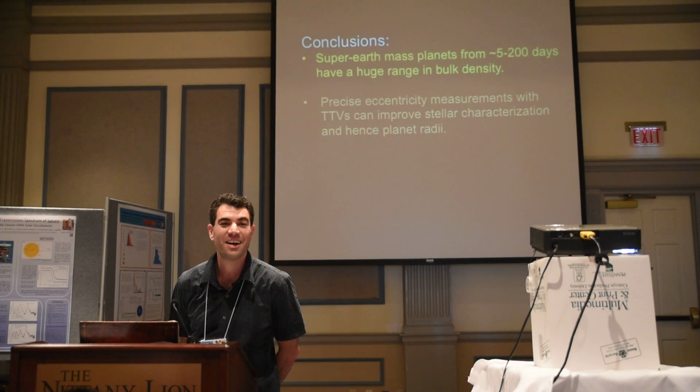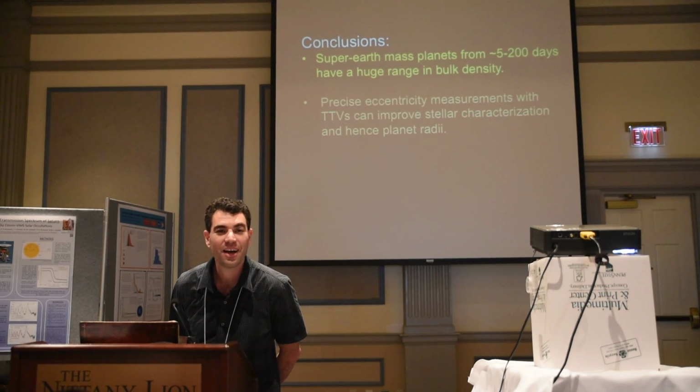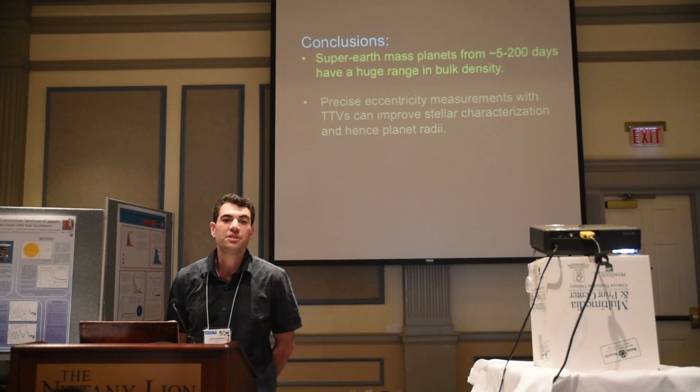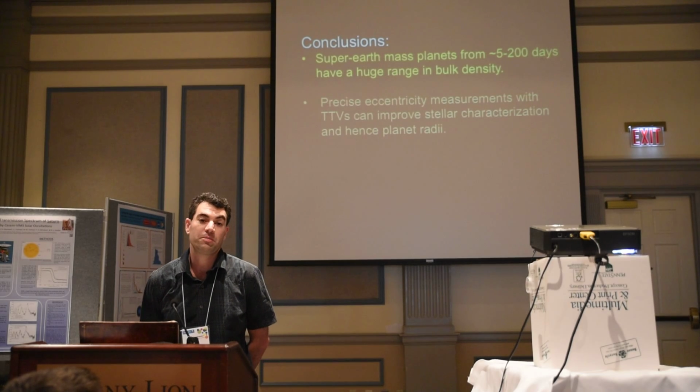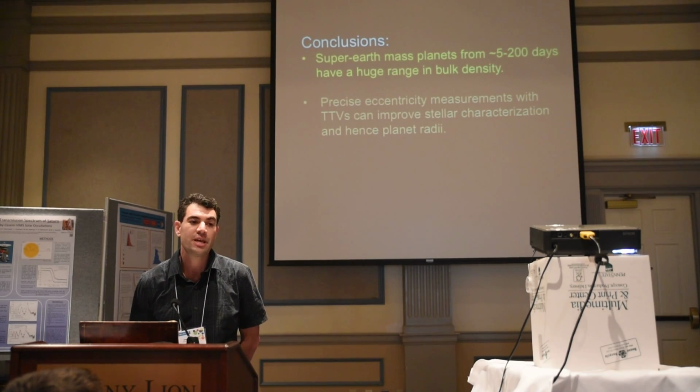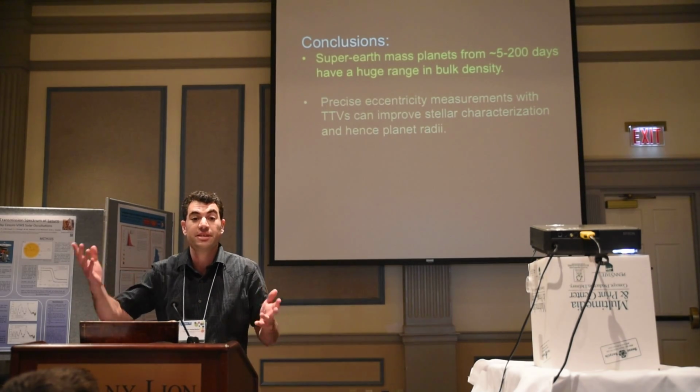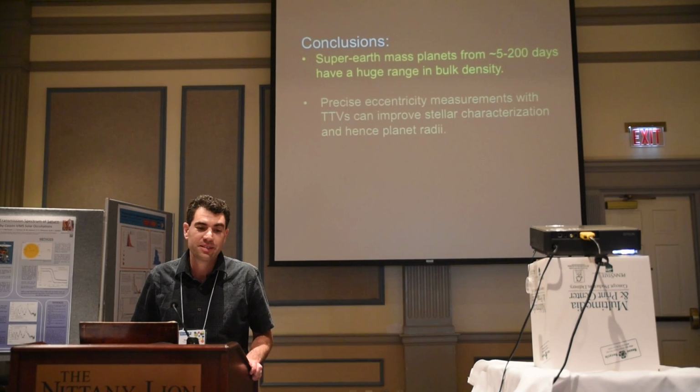So your ultra low density super Earth, is there any preference for very short orbits close to their star? Do they disproportionately? No, TTVs, if anything, favor longer orbital periods because you get more information if you can have more orbits per TTV signal.